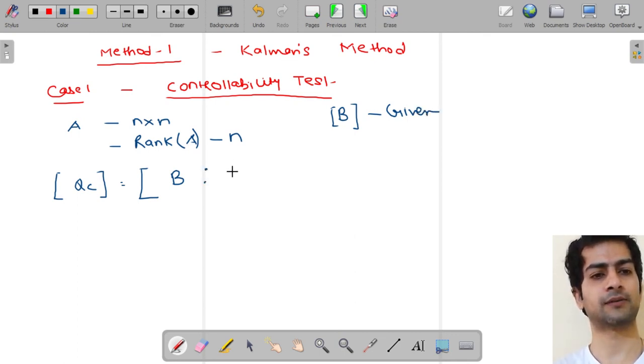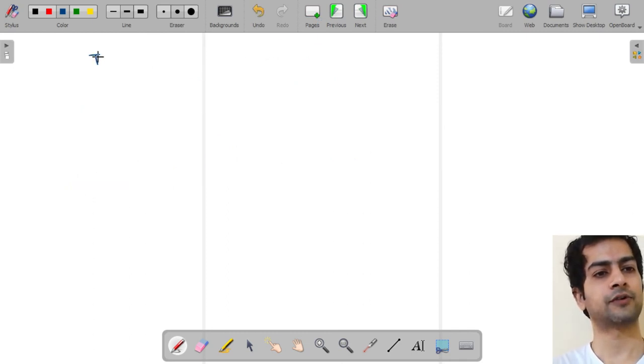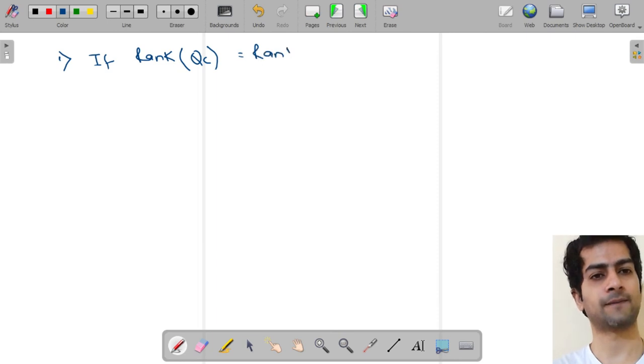So we will form a controllable matrix: B, AB, A square B, up to A to the power n minus 1 B, where n is the order of matrix A. Now see, if rank of controllable matrix is equal to rank of A, is equal to n, then system is said to be controllable.